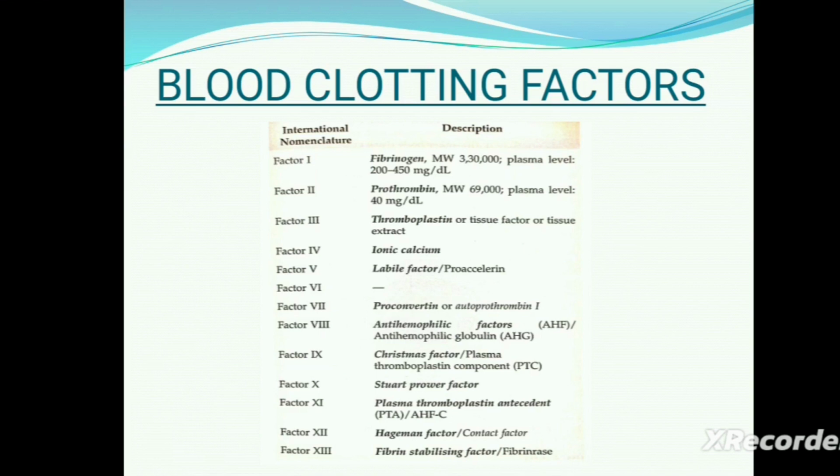There are 13 major factors, namely fibrinogen, prothrombin, thromboplastin, calcium ion, proaccelerin, accelerin, proconvertin, antihemophilic factor A, Christmas factor or antihemophilic factor B, Stewart-Prower factor, antihemophilic factor C, Hageman factor, and finally the fibrin stabilizing factor. So it's good if you learn all these 13 factors in a sequence.